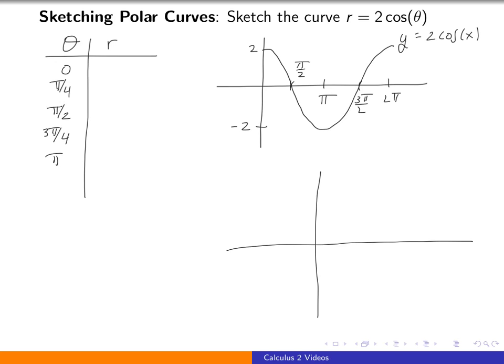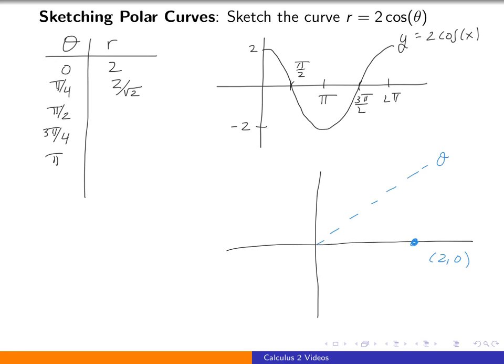When theta is 0, r is 2 cosine of 0, which is 2. So in polar coordinates, if r is 2 and theta is 0, that would put us at this point here. When theta is pi over 4, we would have 2 cosine pi over 4, which is 2 over root 2, because cosine pi over 4 is root 2 over 2.